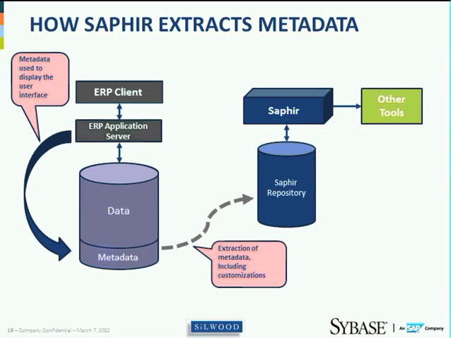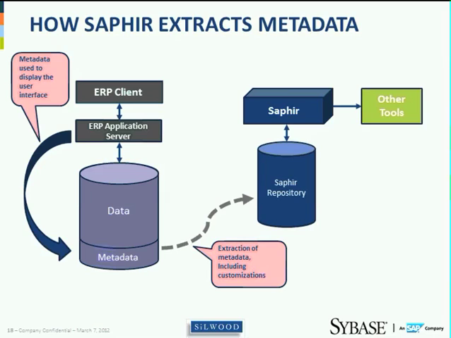Power Designer can attach to the system catalog of an RDBMS and reverse engineer. And we're doing something similar. We're reverse engineering by looking into the data dictionary of the underlying ERP package. So rather than looking at the system catalog, we're looking at the proprietary data dictionary of SAP or PeopleSoft, J.D. Edwards. Each of those environments has got its own data dictionary where it defines its own set of metadata.